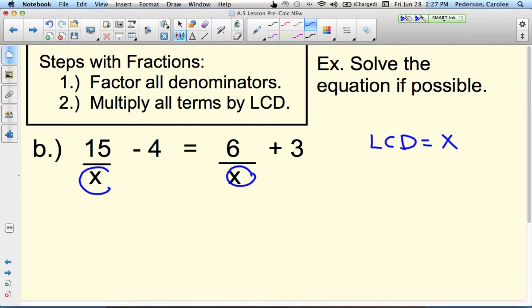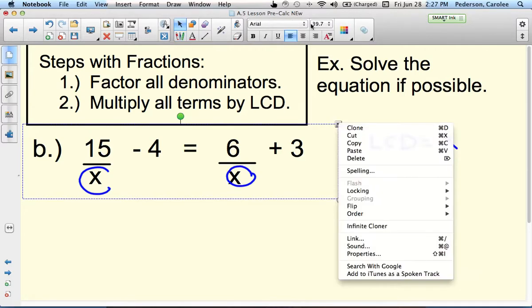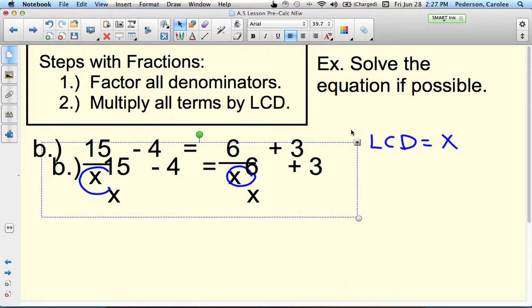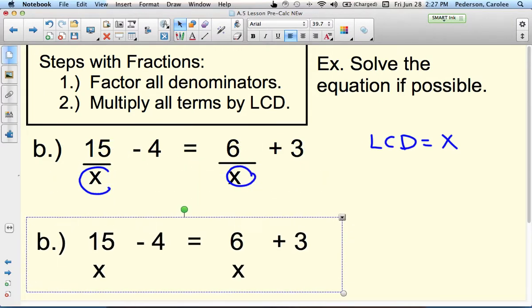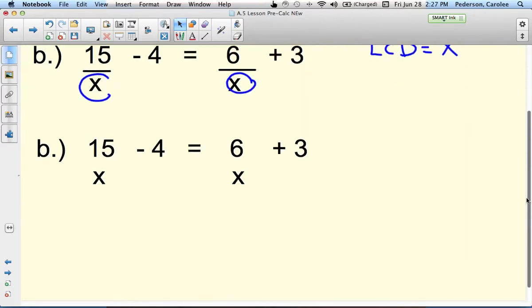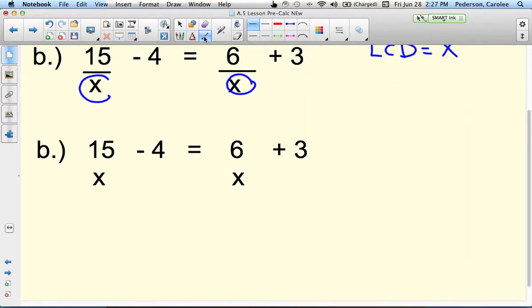So I'm going to just go ahead and rewrite the original equation again. And now multiply all those terms by x. Let's make sure those have fractions there. So multiply all terms by the LCD.